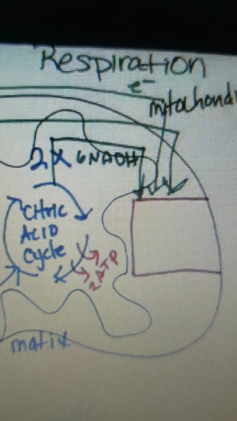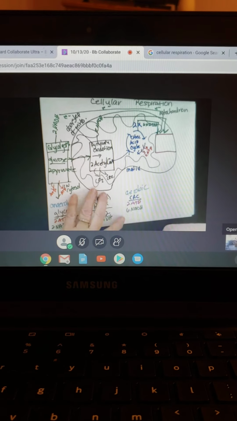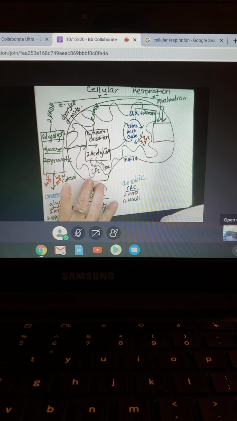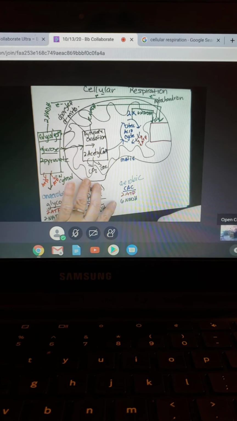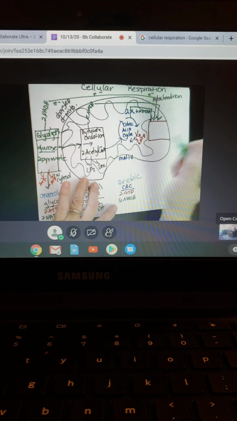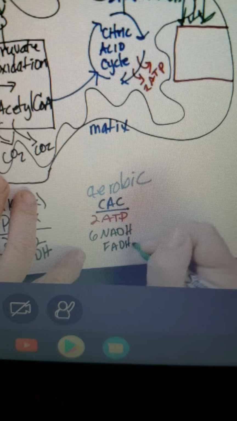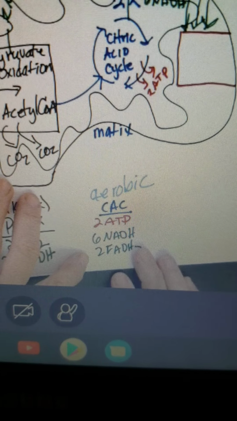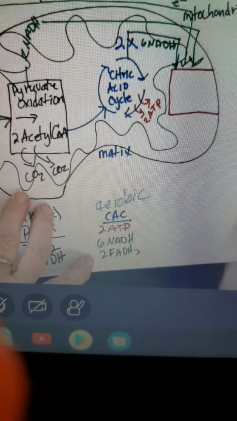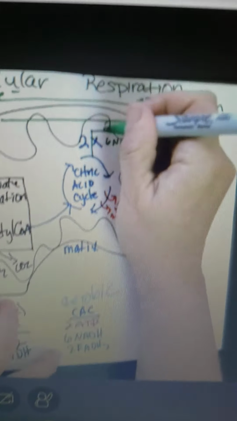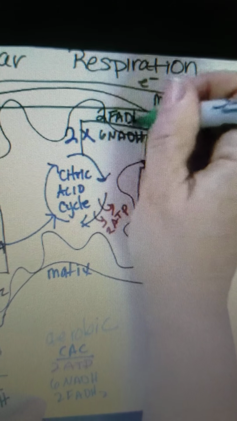But we have 2 little shuttles that we can use, okay? We have 2 electron carriers. So we have NAD+, and then we have FAD. If I add an H and electron, then I'm going to have FADH2, okay? FADH2. So that's one of our other electron carriers here, all right? And so I'm going to send 2 of those. So 2 FADH2, all right?